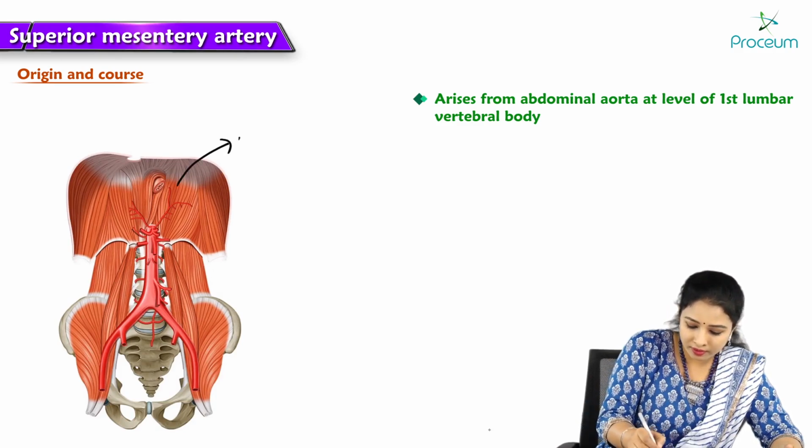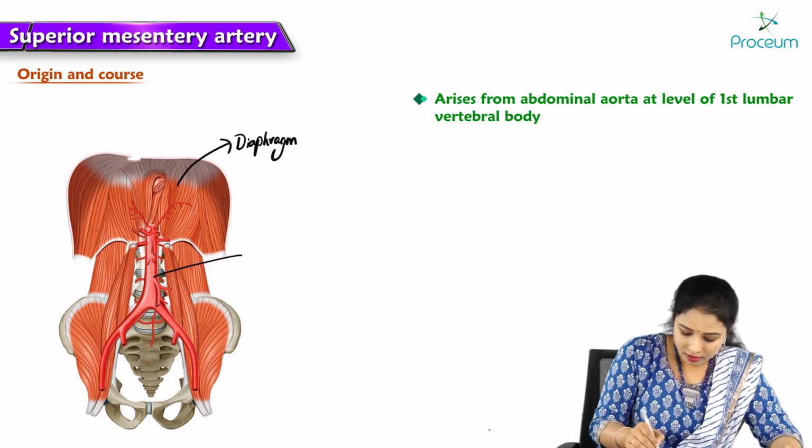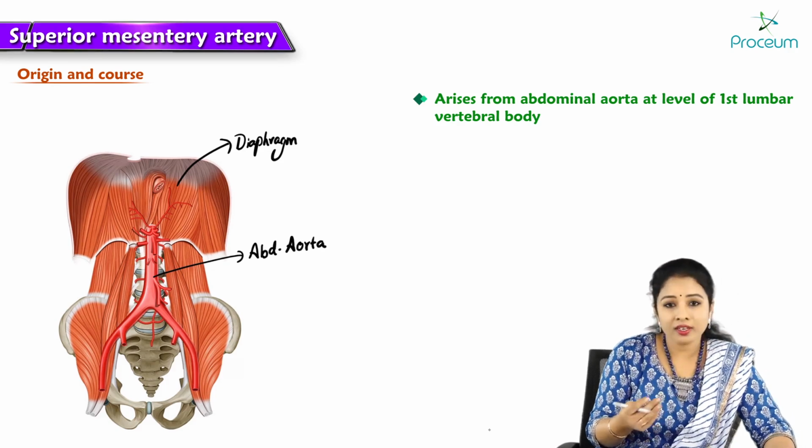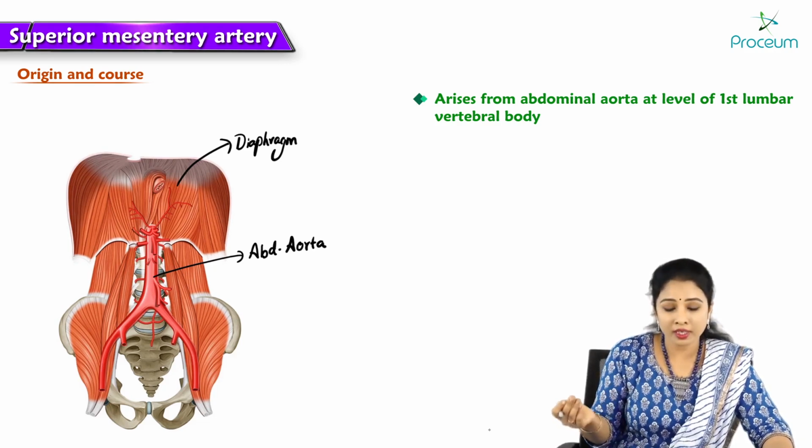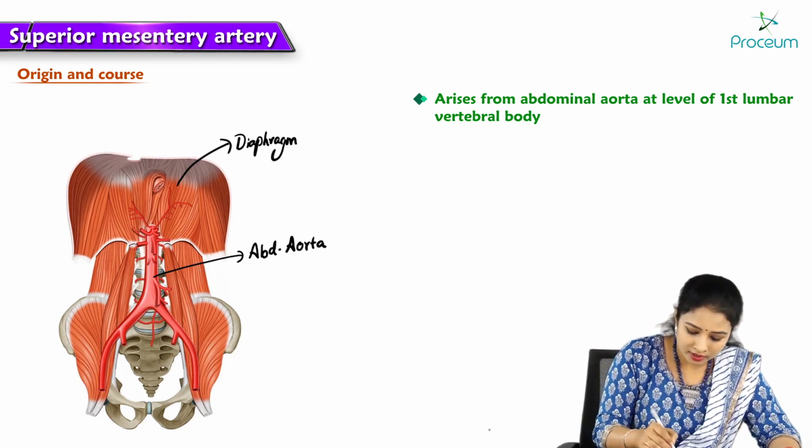So this is the diaphragm. And here is the abdominal aorta, and we can see it gives rise to three important arteries of the foregut, midgut, and hindgut. First the celiac trunk.